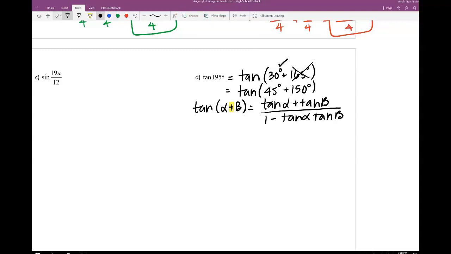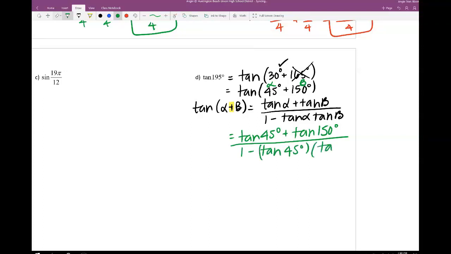So this right here is alpha, and this is beta. Let's plug it in. So tangent alpha is 45 degrees. Make sure you write the bubble. And tangent of 150 degrees all over 1 minus tangent of 45 degrees times tangent of 150 degrees.